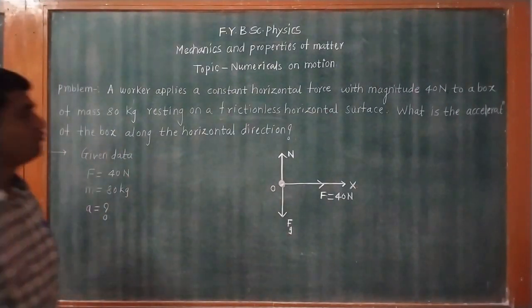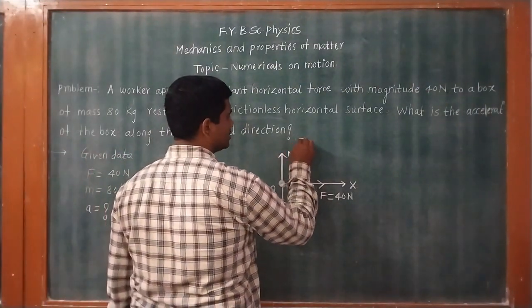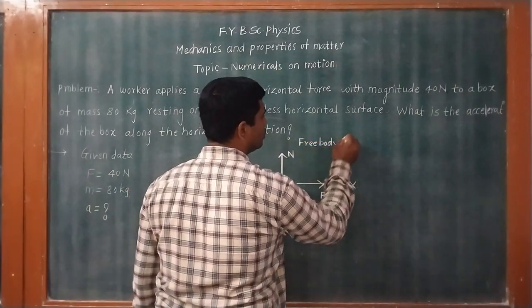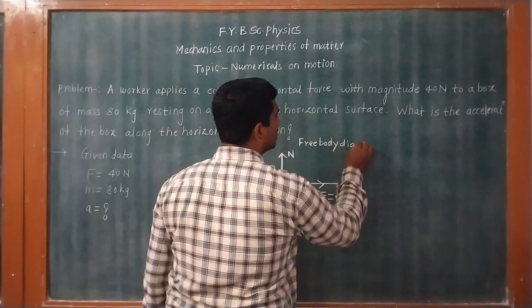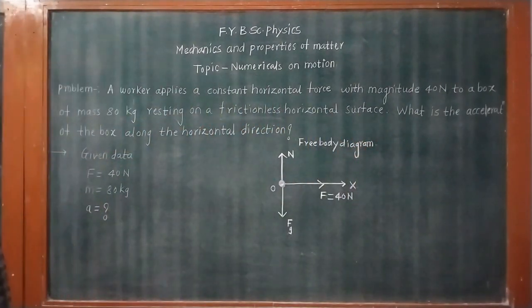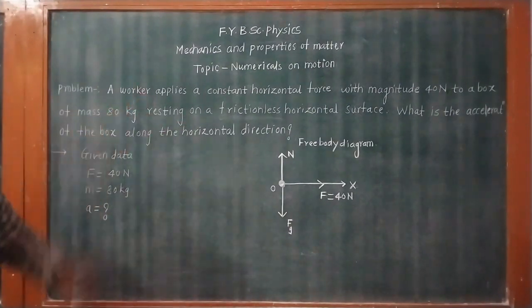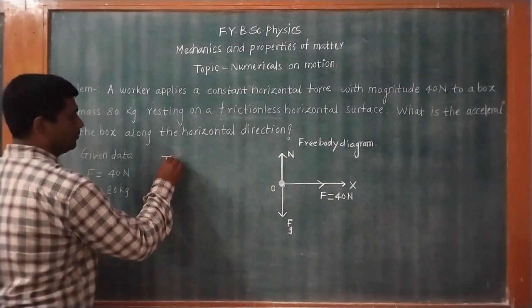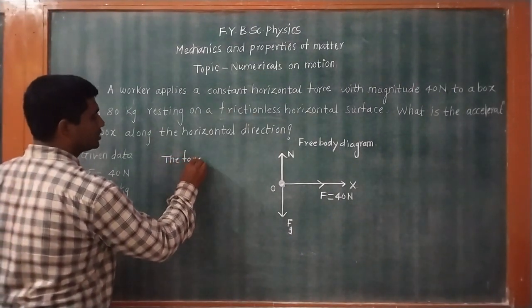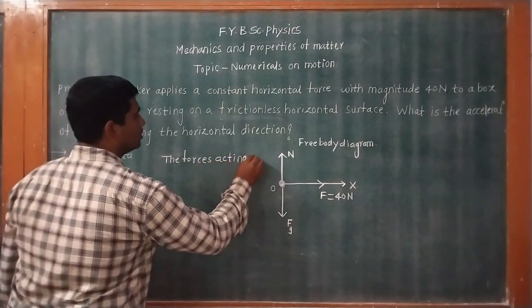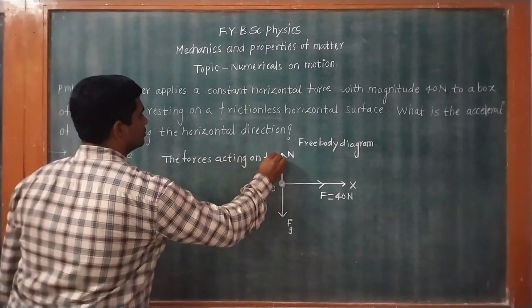So this is your free body diagram. This is a free body diagram which you should be able to generate for a given problem, in order to simplify it. Now, as we have seen, we will note down the forces acting on the box.